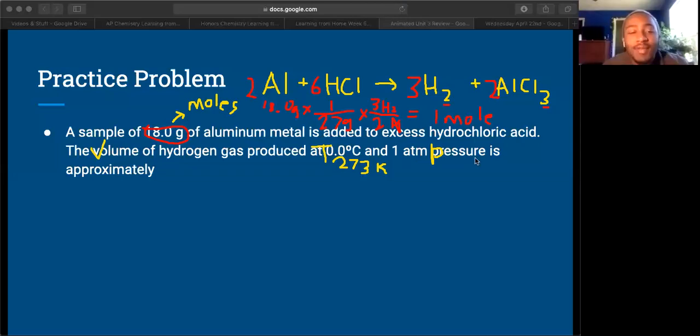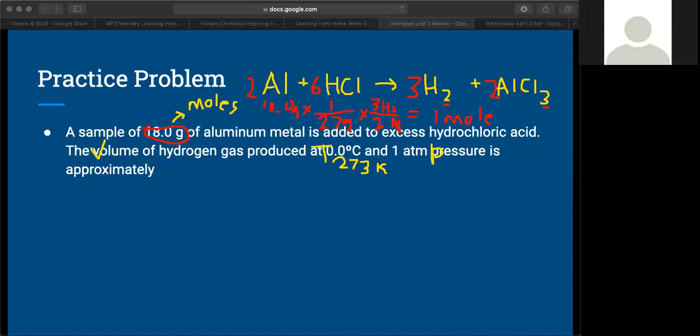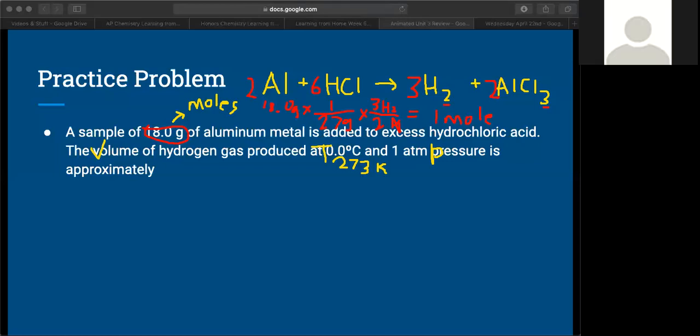So I have 1, which is the P, and then P times V equals 1, which is the mole, times 0.08206 times 273. Which is just 1.